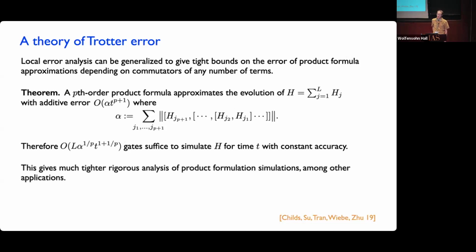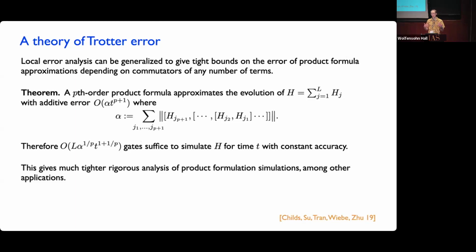This really gives us much tighter bounds, and I'm probably not going to have time to talk about the specific applications later on. Let me just mention now that, for example, if you want to simulate systems that have geometrically local interactions, then this will save you a pretty significant factor, roughly a factor of the system size, relative to what you would get without using these bounds.